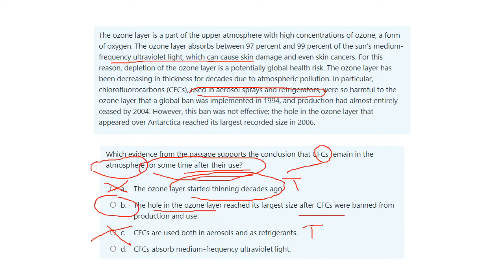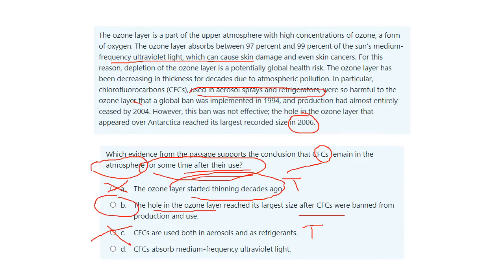Well, these were so harmful to the ozone layer that a global ban was implemented in 1994, and production had almost entirely ceased by 2004. However, this ban was not effective. The hole in the ozone layer that appeared over Antarctica reached its largest size in 2006.